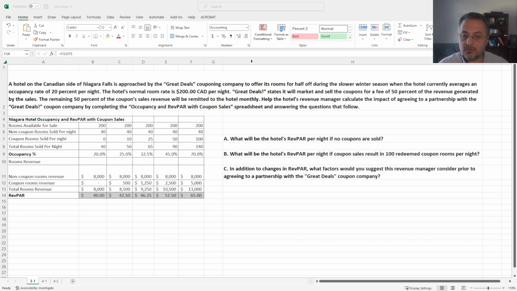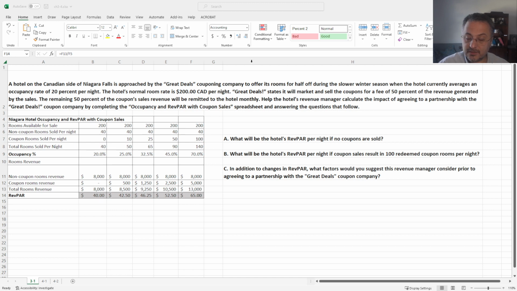One other thing you might want to consider: yes, we usually focus on the room revenue, we calculate the RevPAR, but there are many other parts of the hotel. It could be spa, restaurants, bars, and meeting space, etc. So any additional hotel revenue that might be generated by the additional room sales, we have to consider as well. Not only focusing on the $50, but those additional 100 rooms might bring much more revenue due to spending in other parts of the hotel.